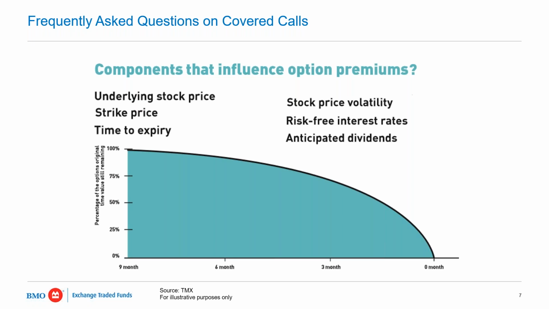And one dynamic about time to expiry is that it's not a linear relationship. You don't earn a certain amount of premium per unit time. You can see it's more of a parabolic curve. And a lot of that time decay you earn in the last 1 to 2 months.